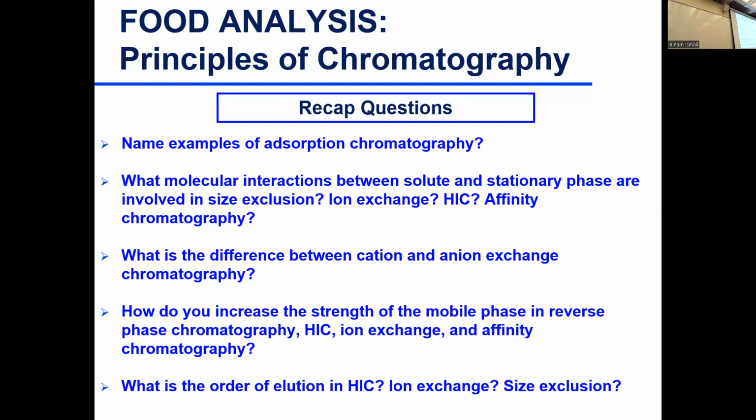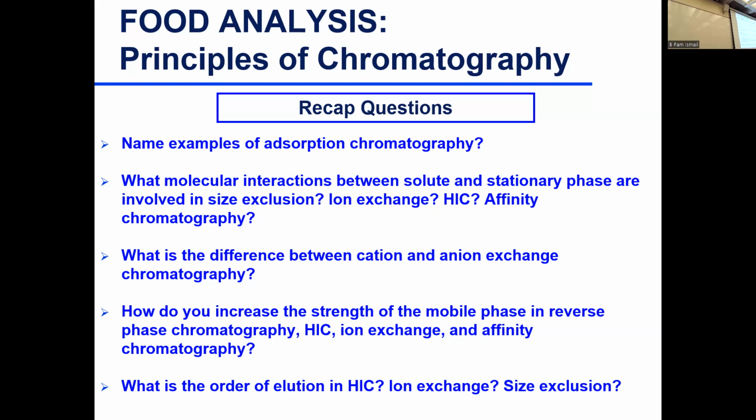You change the pH and change the ionic strength. So you change those very specific interactions, the affinity between this compound and the stationary phase. You change the pH, you change the ionic state, you change the charge on the molecule, you will change its structure, and it won't bind anymore to the column.